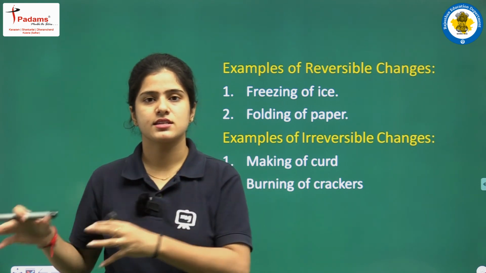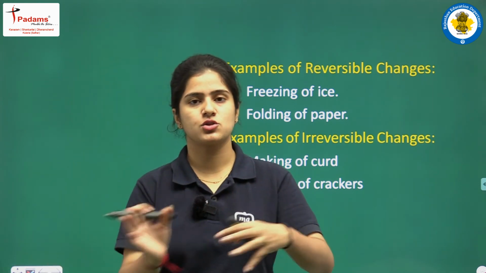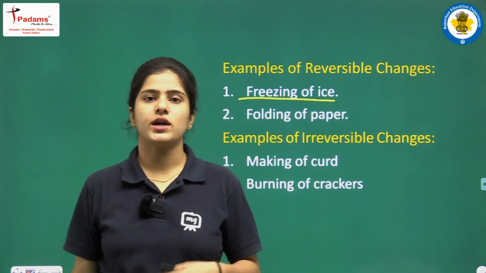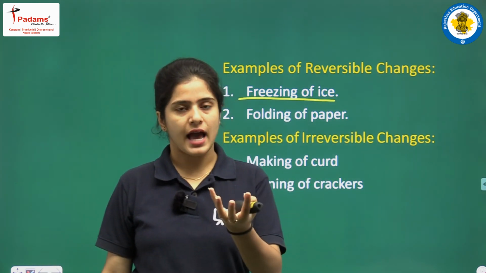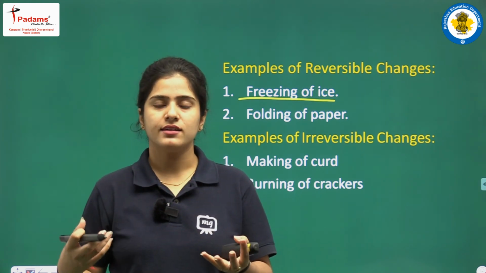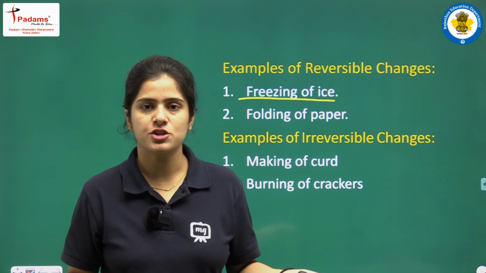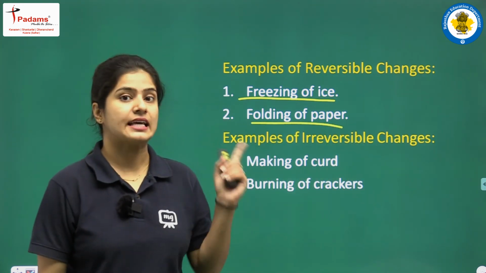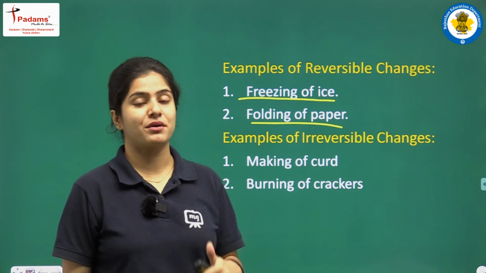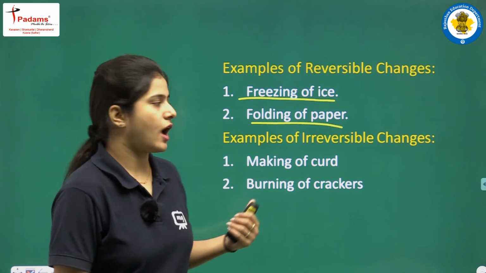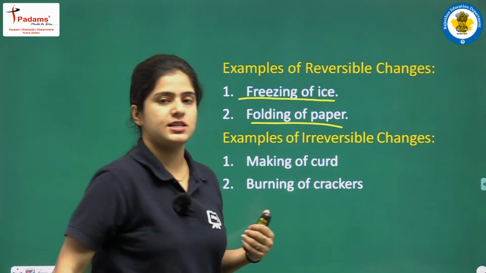Once I have placed it here, I can also place it back in the original position. Then freezing of ice: you freeze the ice and after some time you bring it back, it will melt and be in its original state. Second, folding of paper, which we have discussed in this class, is also an example of reversible change.